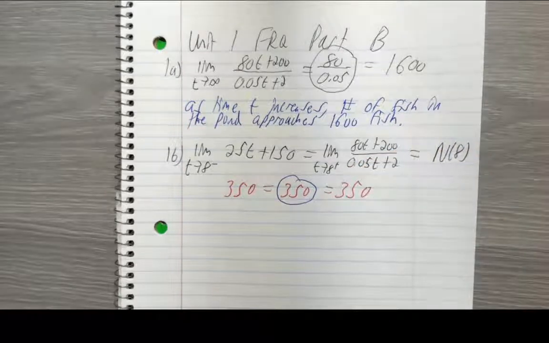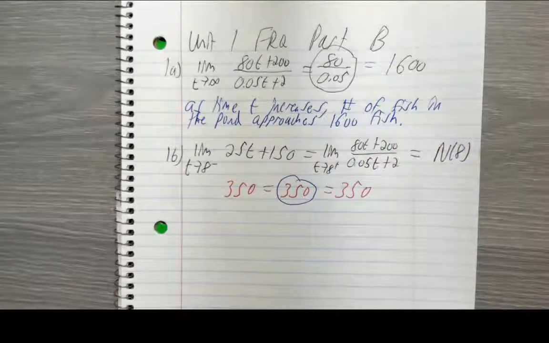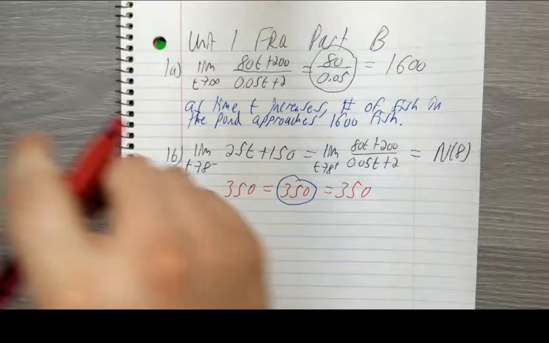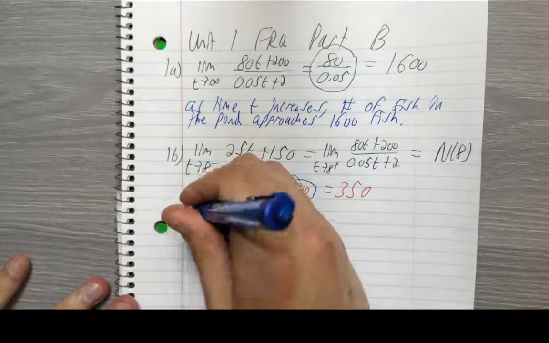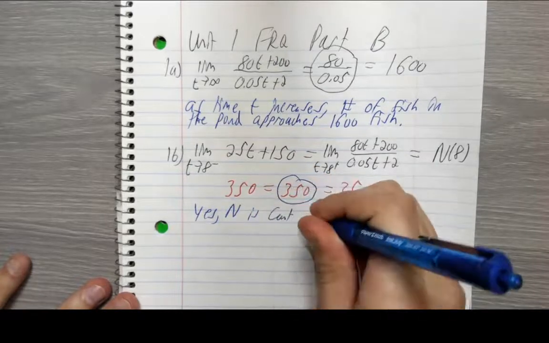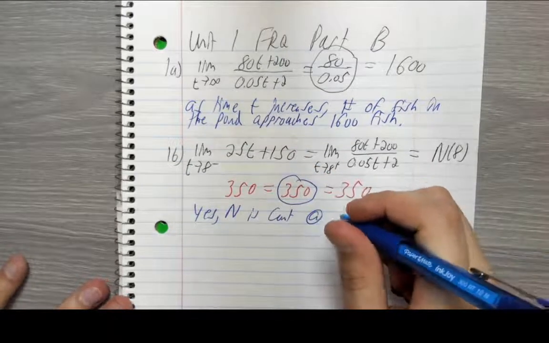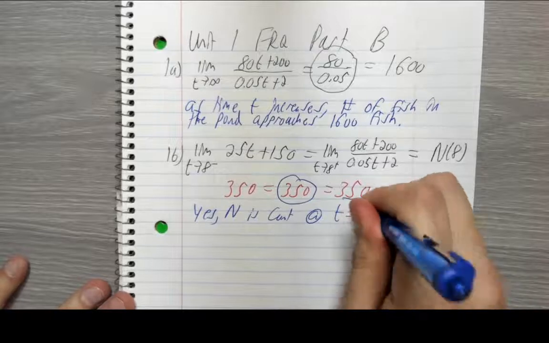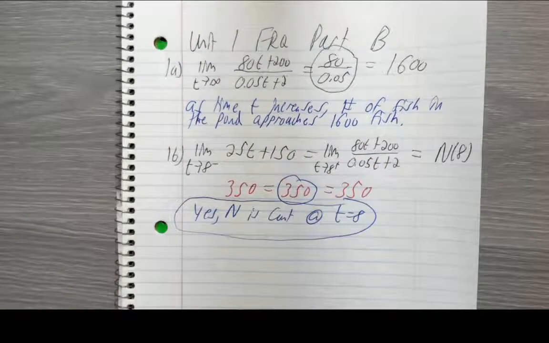So 350 equals 350, which equals 350. So your final answer is yes, N is continuous at t equals 8, because the limit is equal to the point.